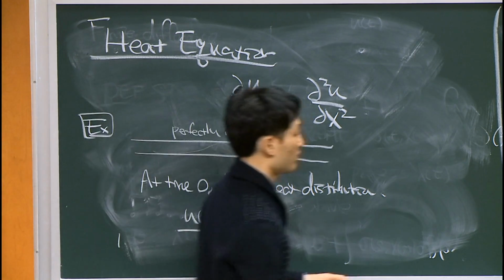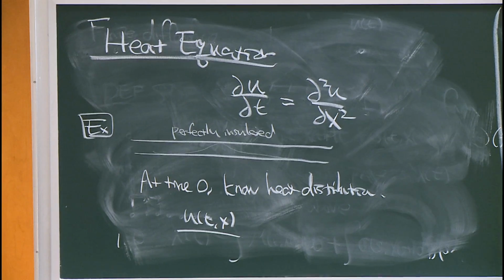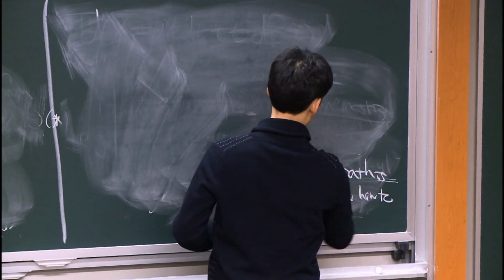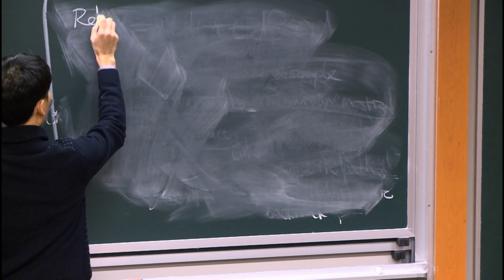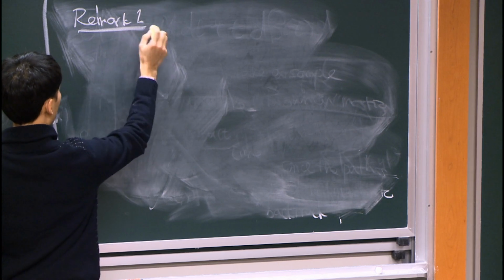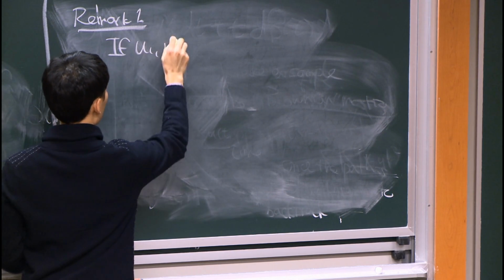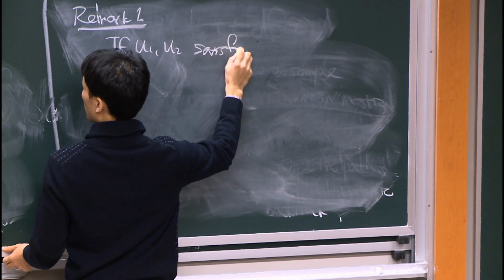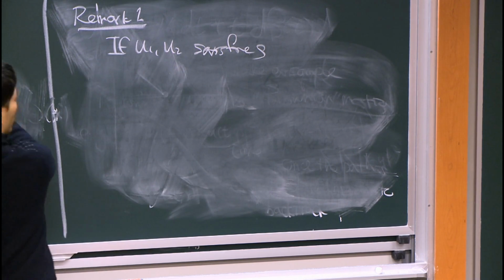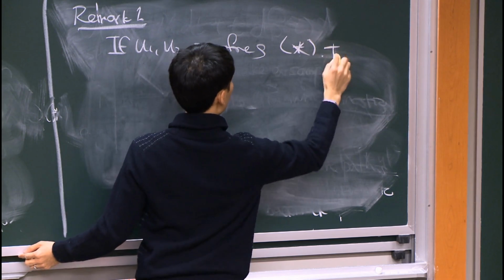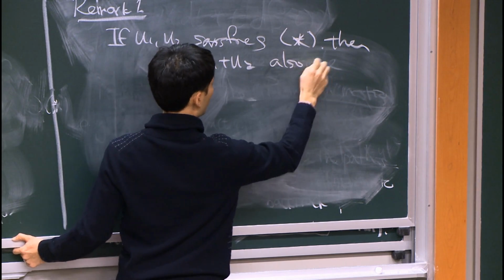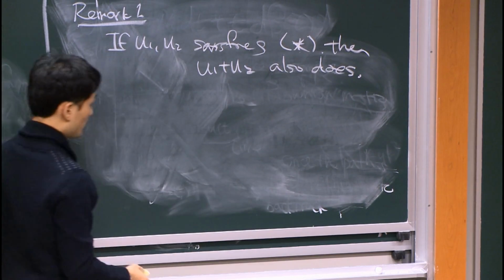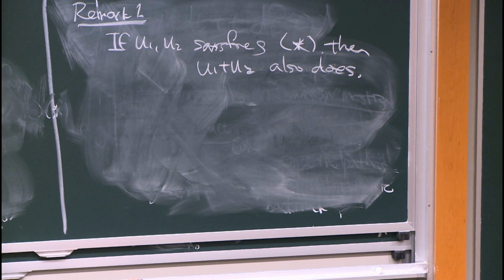Okay, so a few observations before actually solving it. Remark 1: if U1 and U2 satisfy the heat equation, then U1 plus U2 also does. That's called linearity. Just plug it in and you can figure it out.